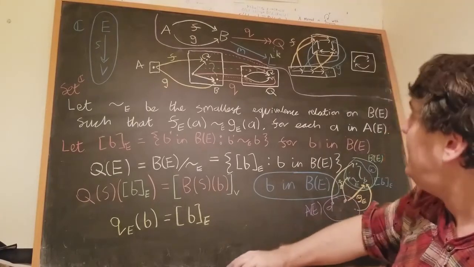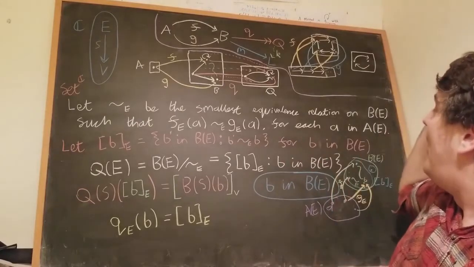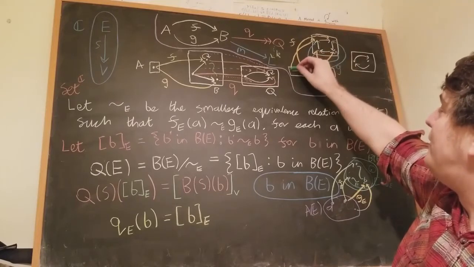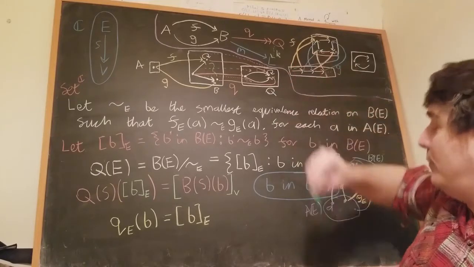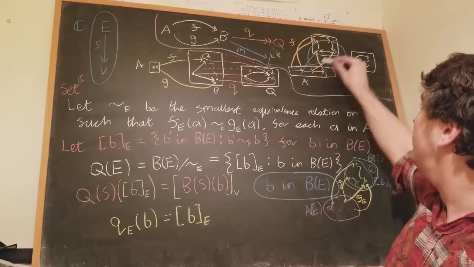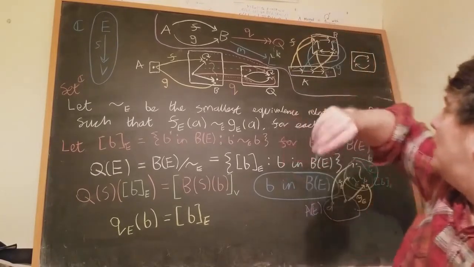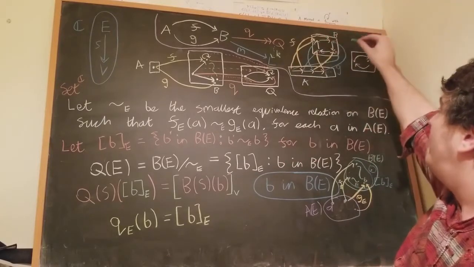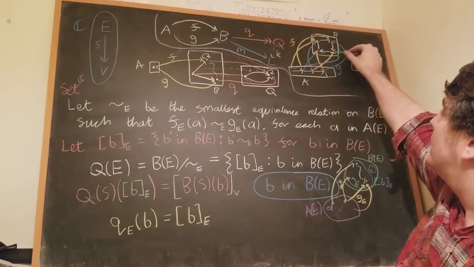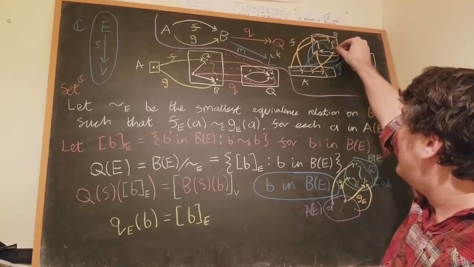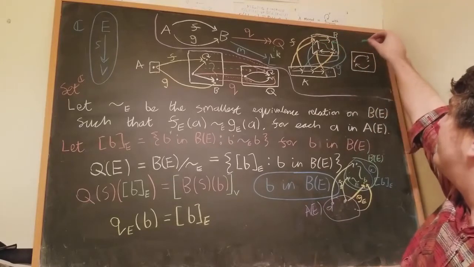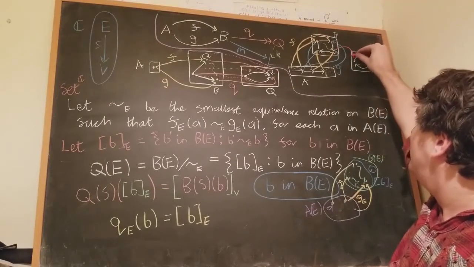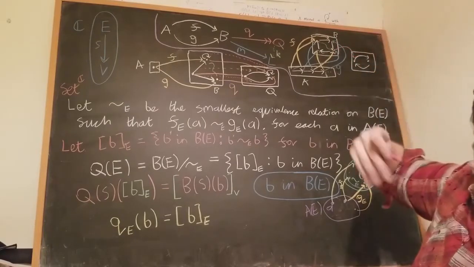Okay, so the way we think of this: here we have a state of A in this example, this is A and this is B. So here we have an element of A, and it's sent to this state under F and this state under G. So these two states are identified, and so we want to be sending them both to the same thing under our co-equalizer Q here.